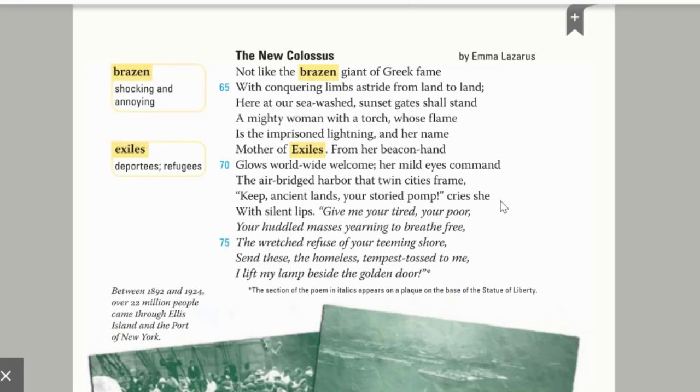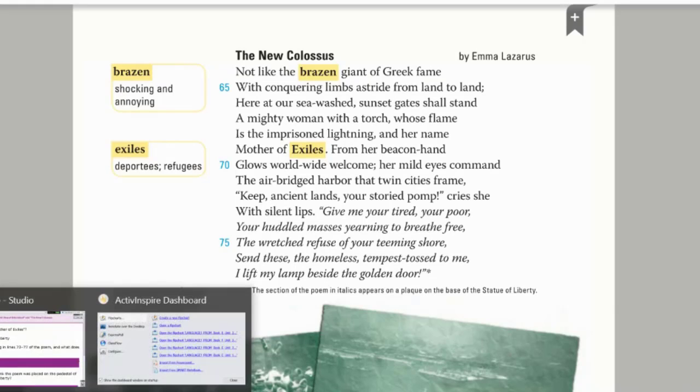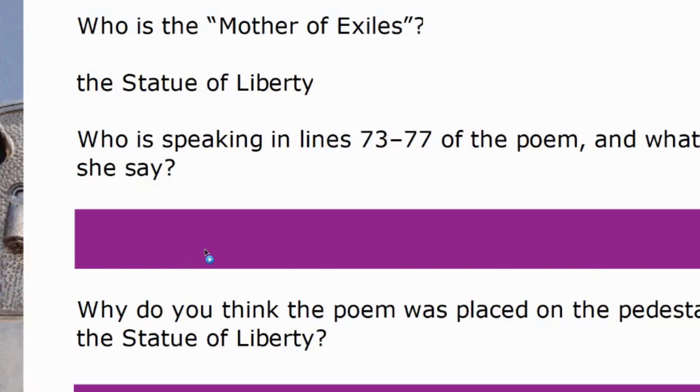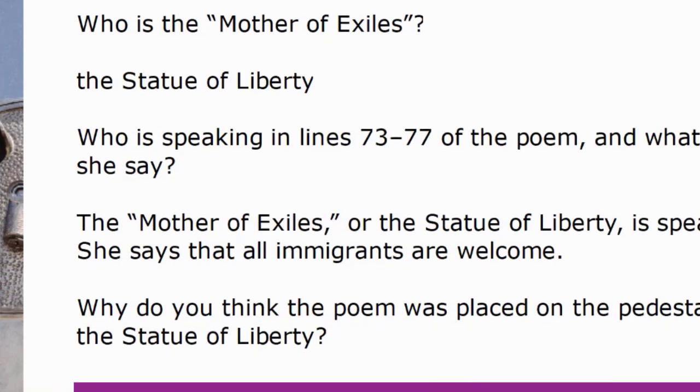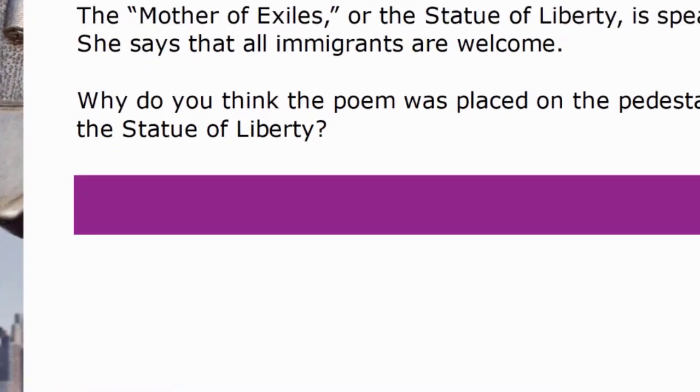Keep ancient lands your storied pomp, cries she with silent lips. Give me your tired, your poor. Yeah, it's like the Statue of Liberty is actually the one talking here. The Mother of Exiles, or the Statue of Liberty, is speaking. She says that all immigrants are welcome.